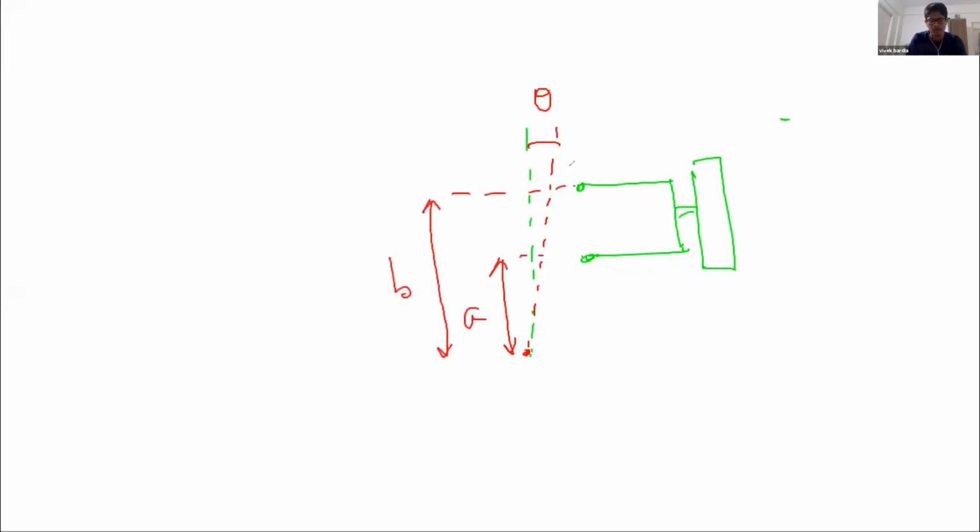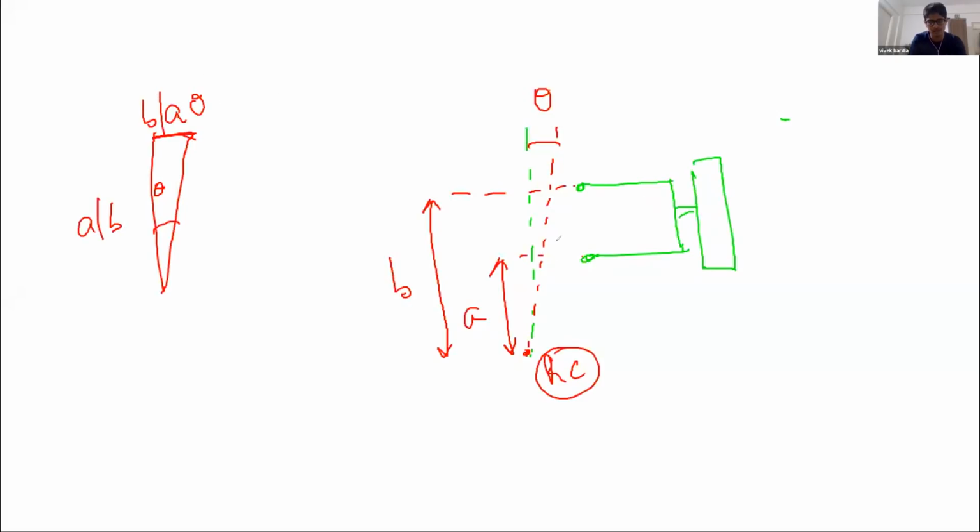So this is rolling, right? The chassis is rolling about the RC, which is at this point. Due to rolling, again we are going to use this formula, R theta, where R can be either A or B. This can be approximated to a straight line, which is A theta or B theta, right?